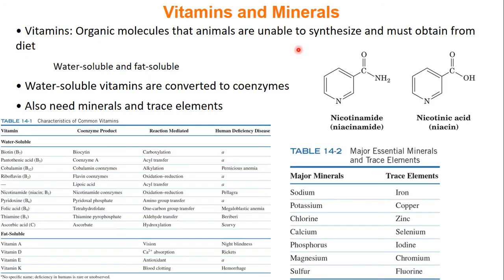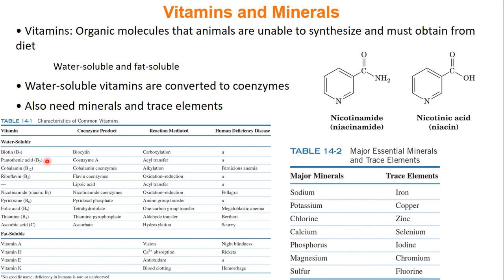And to further talk about micronutrients, vitamins are organic molecules that animals cannot make, and we have to eat them in our diet. And you have two types: water soluble and fat soluble, basically polar or nonpolar. These water soluble vitamins are usually converted to coenzymes, as we can see here.